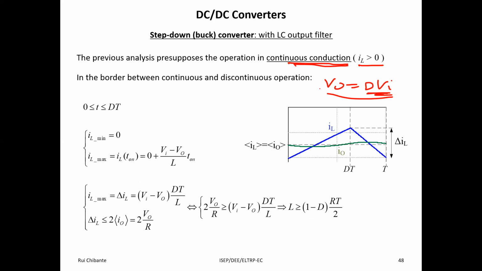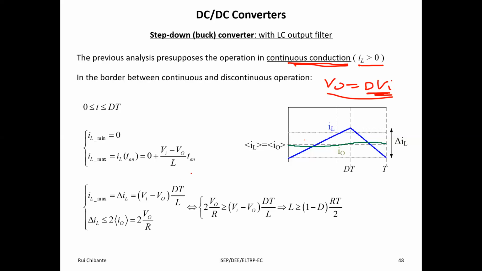So it means that we must choose an inductor so that the current can be always positive. So that's the goal. So we can make here a mathematical analysis so that you can get an expression that enables us to design and choose the correct value.